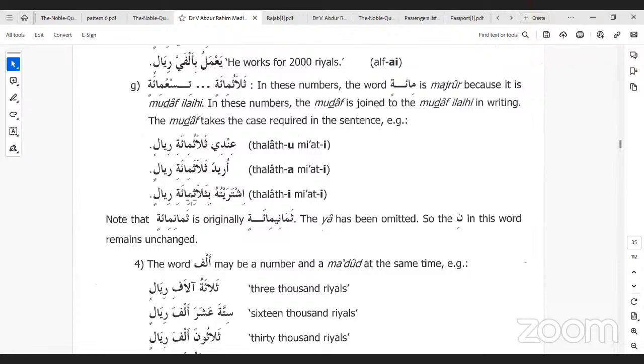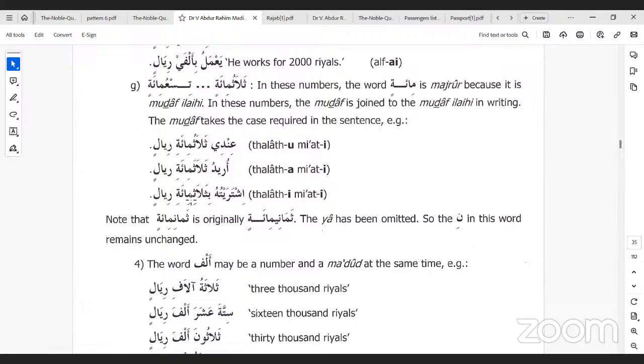Thalathumi'atin, tis'u mi'atin. In these numbers, the word mi'atin is majrur because it is mudhaf ilayh. In these numbers, the mudhaf is joined to the mudhaf ilayh in writing. The mudhaf takes the case required in the sentence.